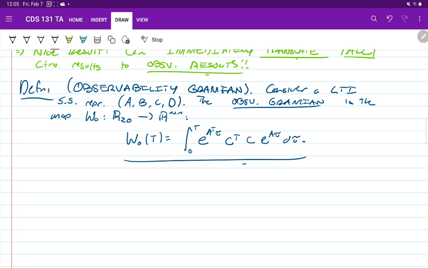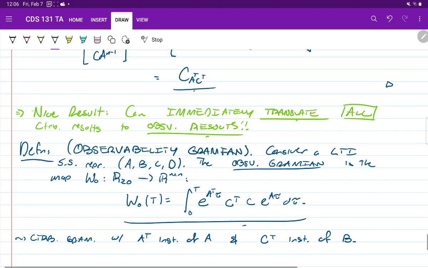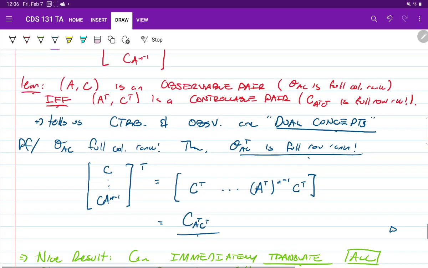You'll notice this is just the controllability Gramian with this dual system plugged in, with A transpose instead of A and C transpose instead of B. The reason we make this substitution is exactly because of this duality result.